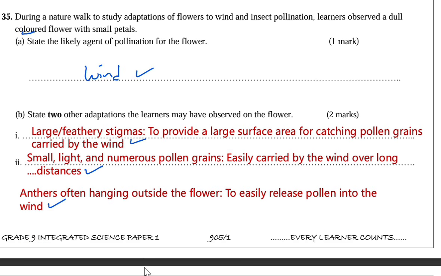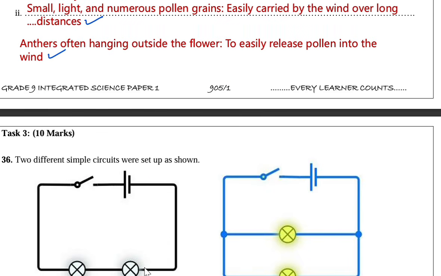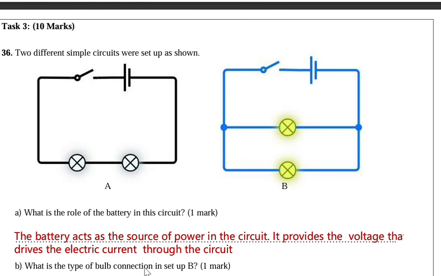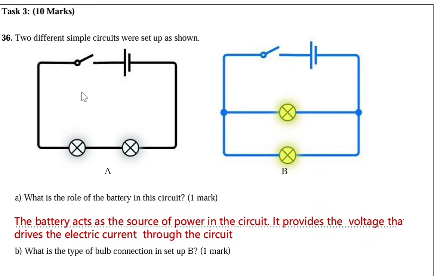You go to question number 36. Here we have task 3, 10 marks. Two different simple circuits were set up as shown. So you have A and B. What is the role of the battery in this circuit? You can see this is the battery, this is the switch, and this is the bulbs. We have two bulbs and the battery.